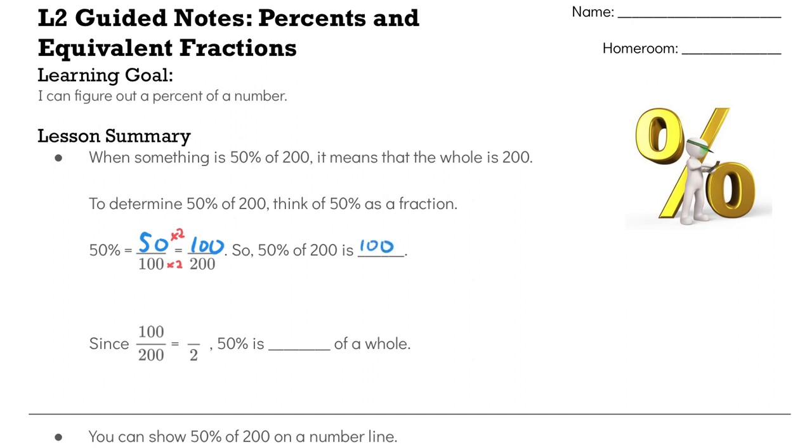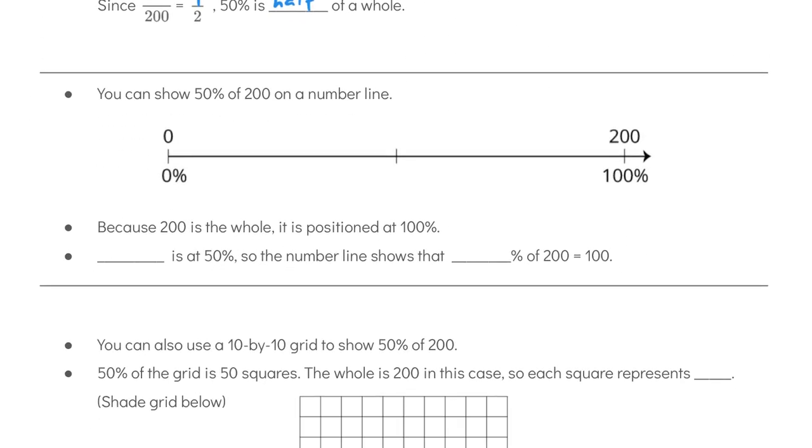It's clear enough. And then, since 100 over 200 is 1/2, 50% is half of a whole. And maybe this number line will help you visualize what this looks like. So here we have the percents on the bottom of this number line, and the whole, in this case, is right over here. So it makes sense that between 0% and 100% would be 50%.